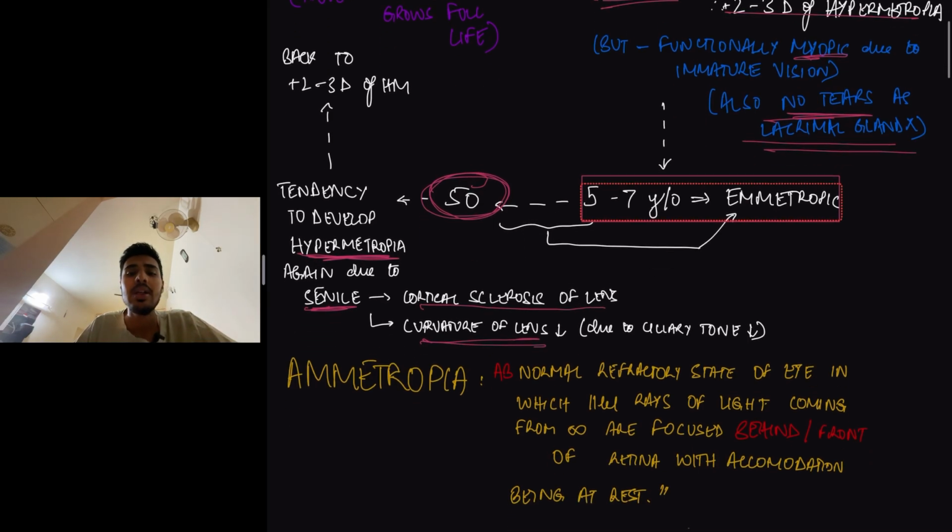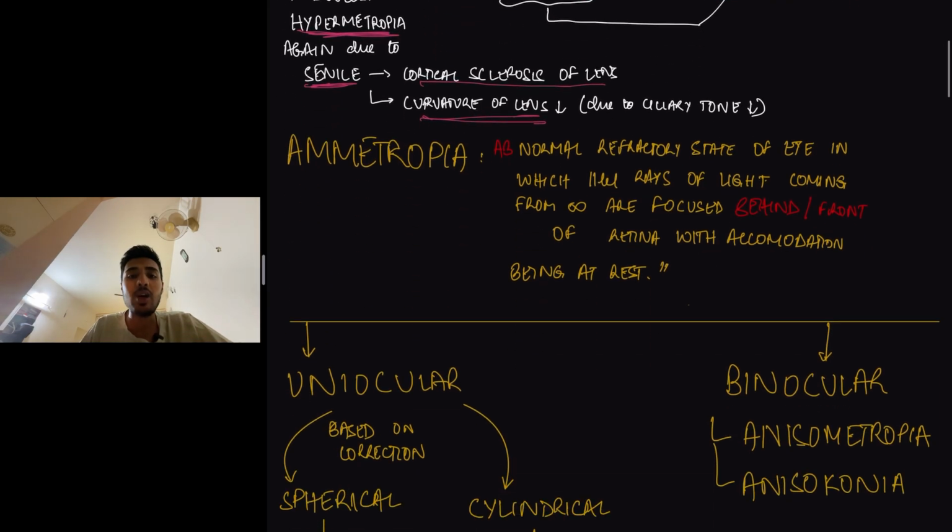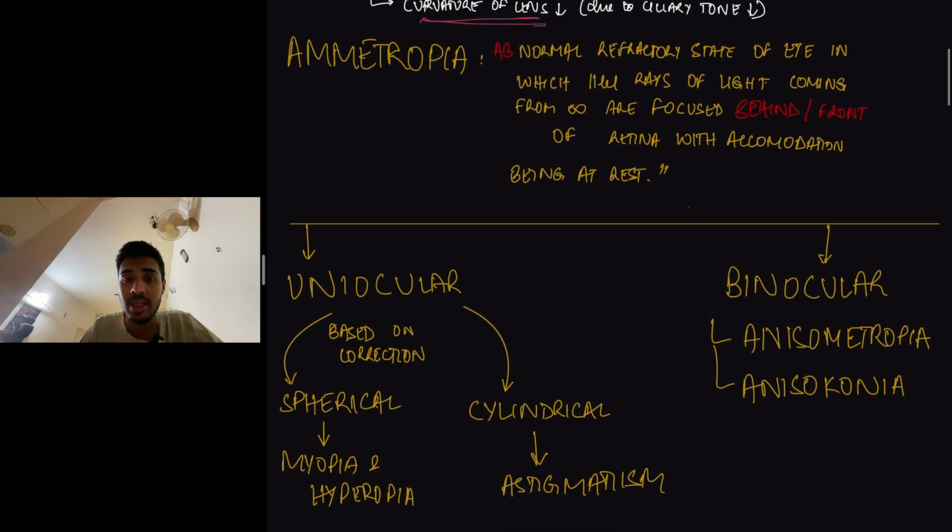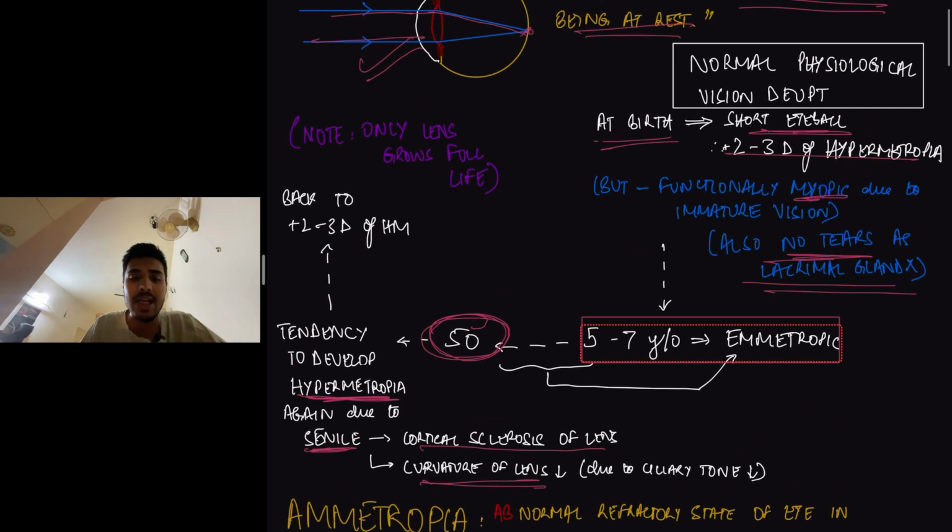So now let's start with ametropia. Now emmetropia is the normal condition, ametropia. So basically, I forgot one thing. So what happens with old age, 50 years of age, there is a tendency to develop hypermetropia. Why? Because of senile changes like cortical sclerosis and decreased curvature of the lens. I'll tell how it leads to hypermetropia later. So what happens with age?